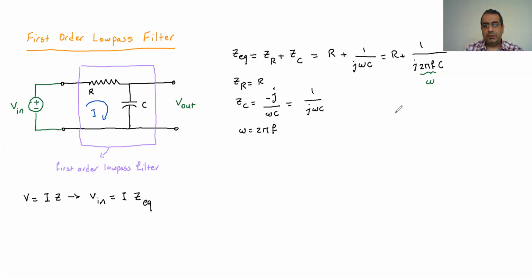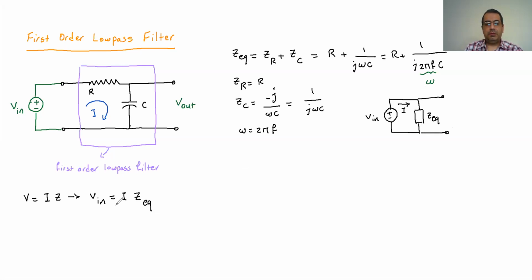So I'm going to just draw it here. I have the V input, then I have this Z equivalent here, and then I have these two output terminals. And this is the I going through this one.